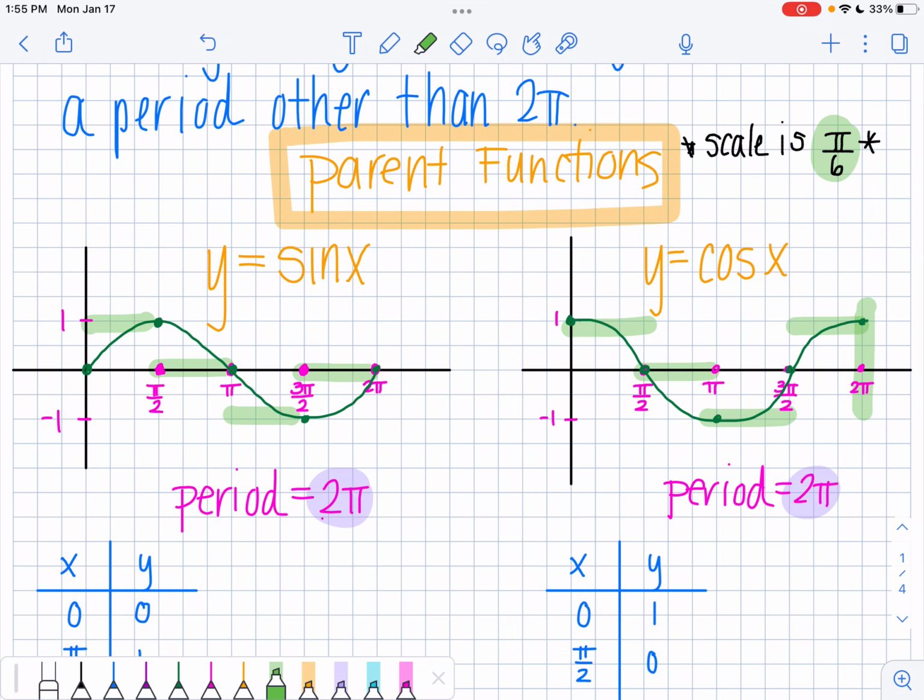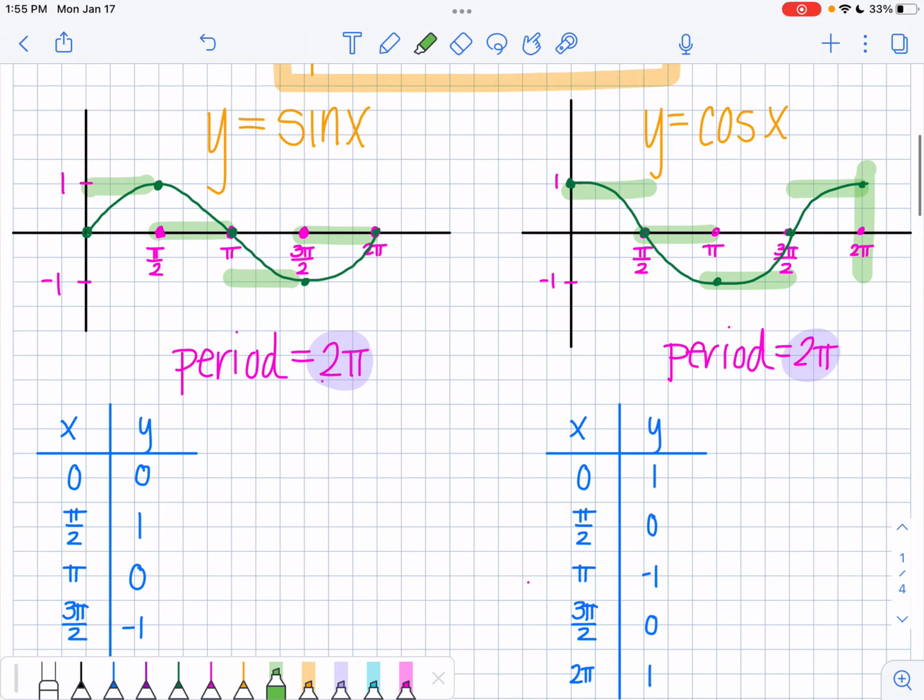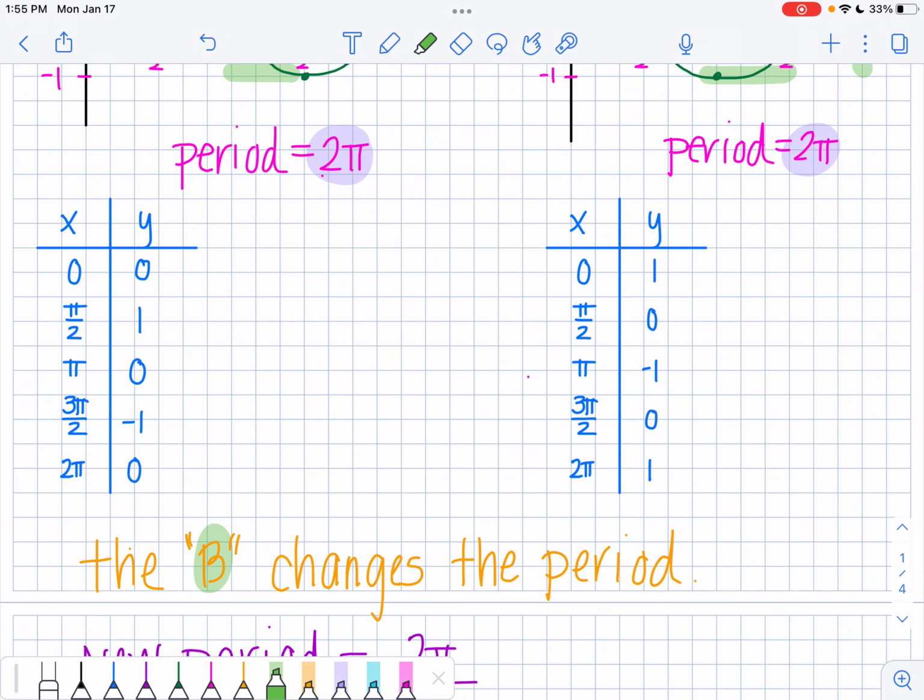So what we have to do is, when you have this b value, it looks like this. It's y equals, we'll just pick sine, some number here, which we call b, times x. This number right here is the b value, and that's going to change the period of your function.